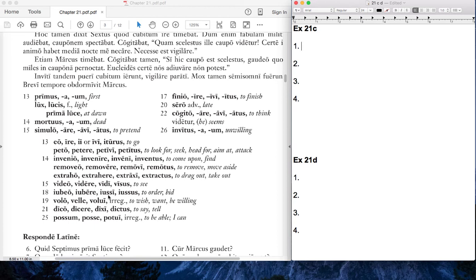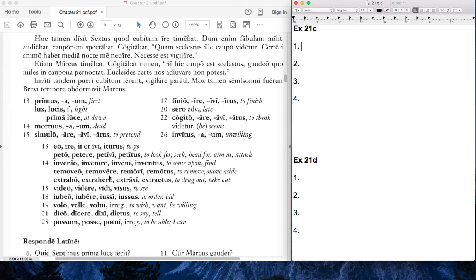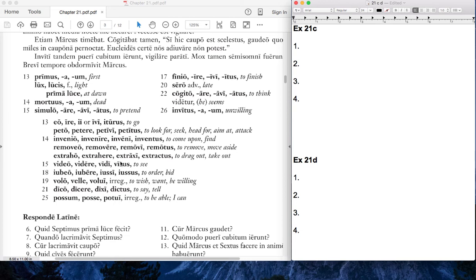So if you're seeing a form of iussi, or say there's an ending on it like iusserunt, which means they ordered, it's going to be slightly similar to iubeo, iubere, but it's got a whole new form really with these s's here instead of this b here. So it is critical really to pay attention to these principal parts, and if you're not, then some of the passages are going to appear to be strange and unfamiliar. So it's important to at least have a good look over these principal parts here.